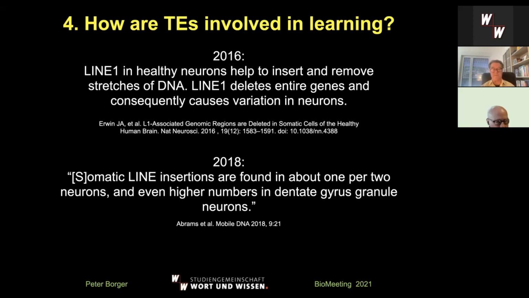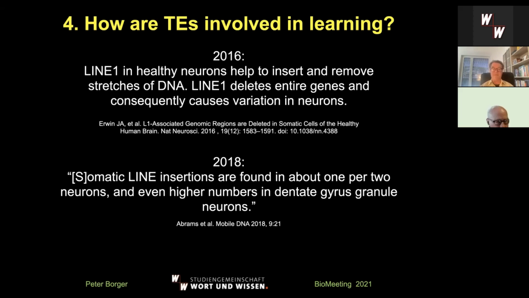So it is specific for these neuronal cells, and it has a meaning, and the meaning is that it generates variation in these neurons. And you can, of course, understand this, because if the neurons are not the same in your brain, and you require billions of different neurons, you cannot program this into your genome. Your genome would simply be too big to program all the genetics of these neurons.